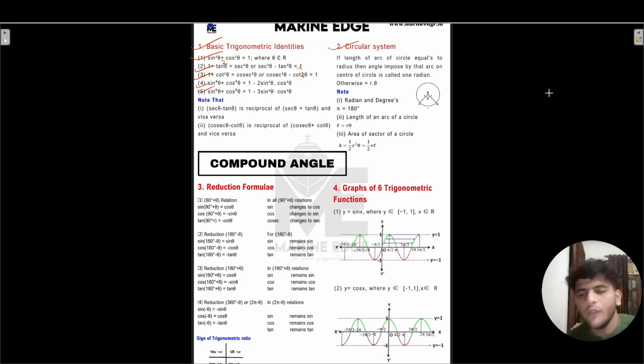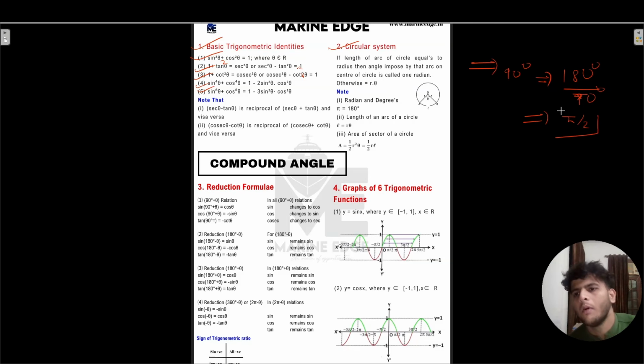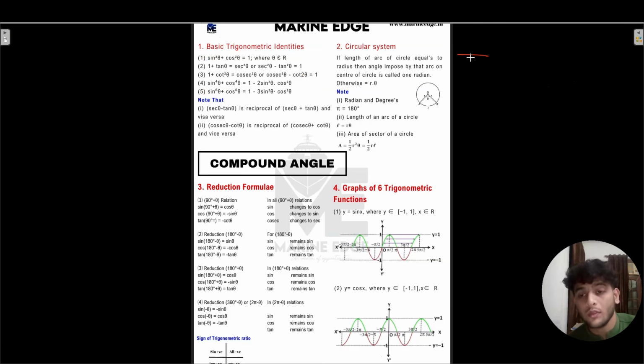In the circular system, we know that we define the angles in degrees as well as in radians, okay? So degree to radian conversion, I think everybody knows this. That is, if we have 90 degrees, it will be divided by 180 degrees, and we know that 90 degrees will be pi by 2.